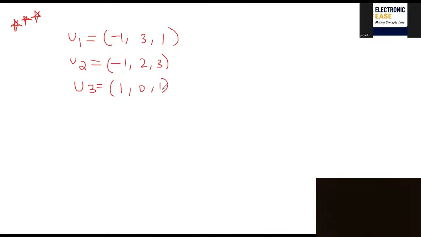So we need to solve for V3 of R. How can they give it in the examination? They can say solve for V of R cube, or they can even give just R cube.